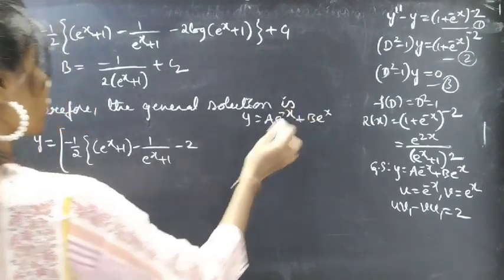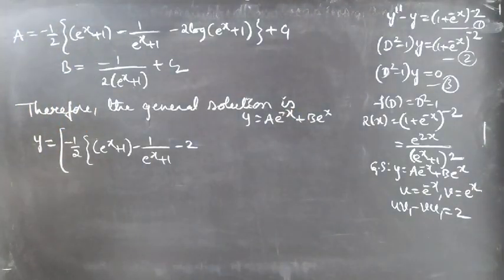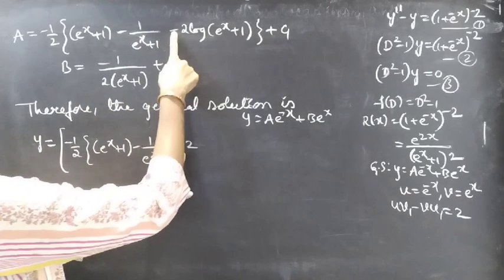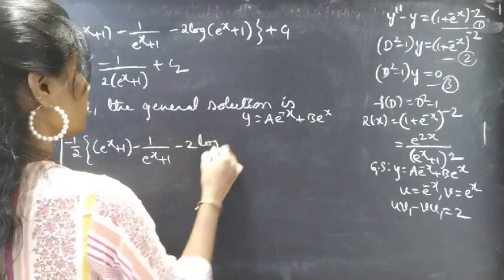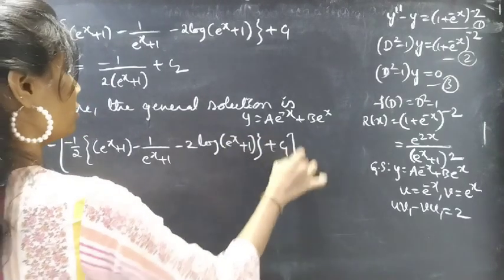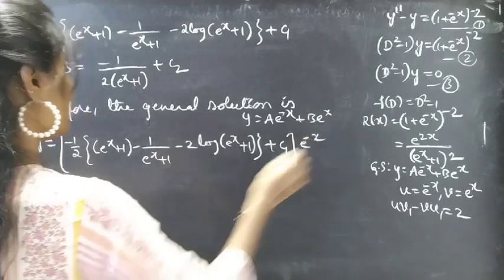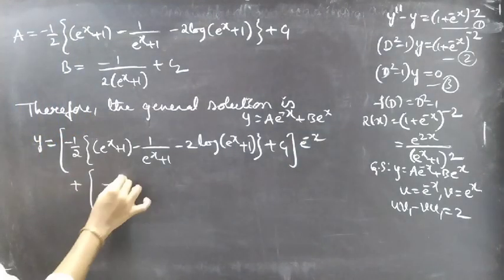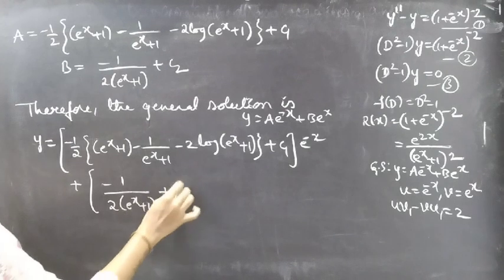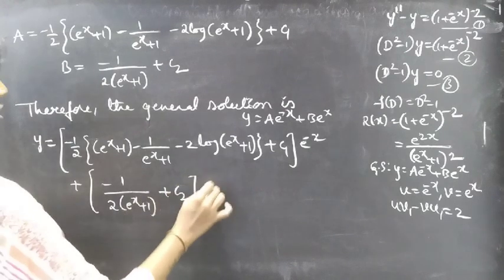Just substitute a and b, okay? We'll get a, minus 1 by 2 of e power x plus 1, minus 1 by e power x plus 1, minus 2 log of e power x plus 1, plus c1, into e power minus x, plus b, minus 1 by 2 times e power x plus 1 plus c2, into e power x.